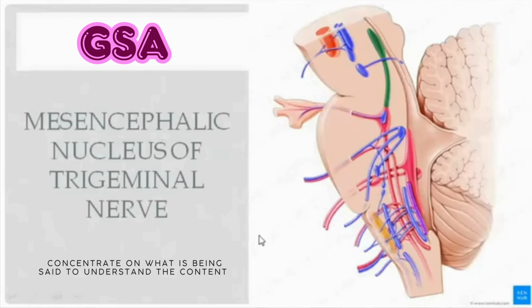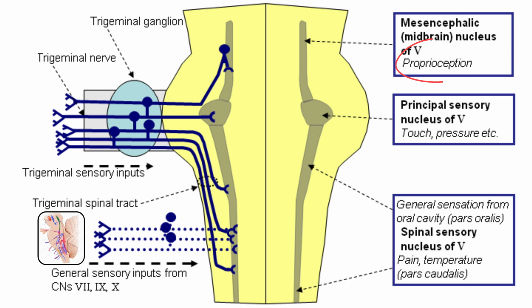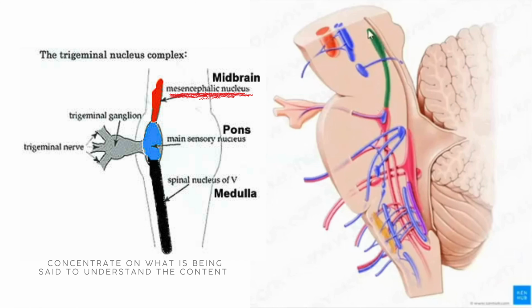Then for this functional component, general somatic afferent, here we're talking about the proprioceptive sensation from the muscle innervated by the same nerve, and that is stylopharyngeus. So the proprioceptive sensations from the glossopharyngeal nerve from that muscle, stylopharyngeus, are relayed here into the mesencephalic nucleus of the trigeminal nerve. It extends up into the midbrain up to the level of the superior colliculus.